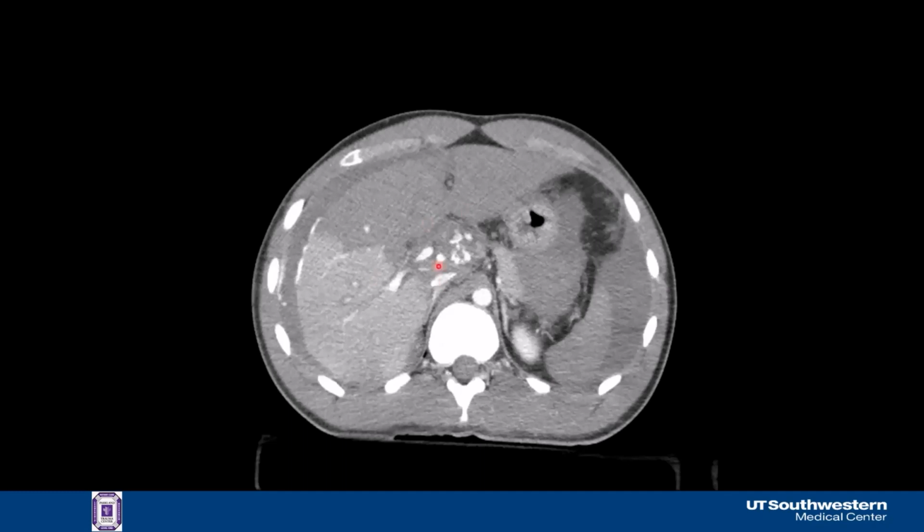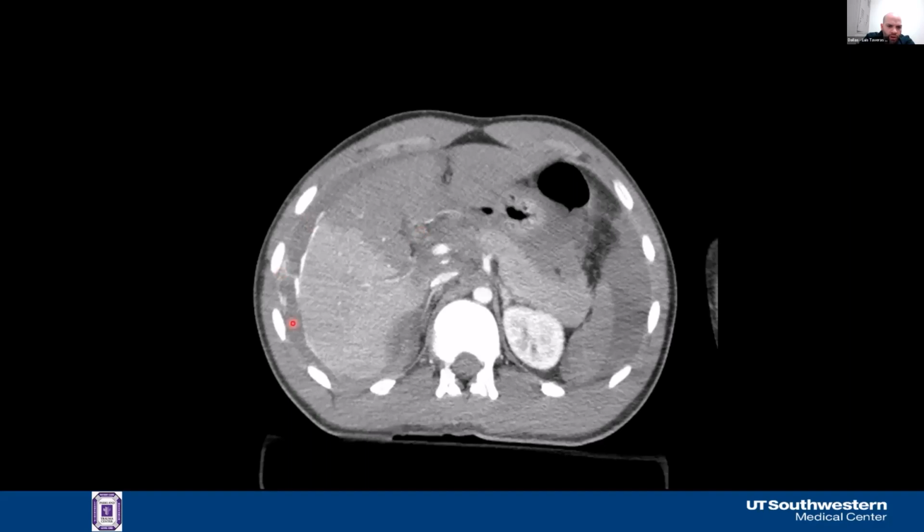Within this image, you start seeing more active disruption around the porta hepatis with active arterial extravasation. It was reported as an injured hepatic artery, and there were other areas in the abdomen where you can see some pooling of contrast.